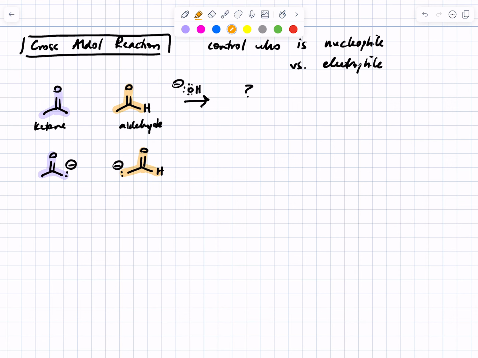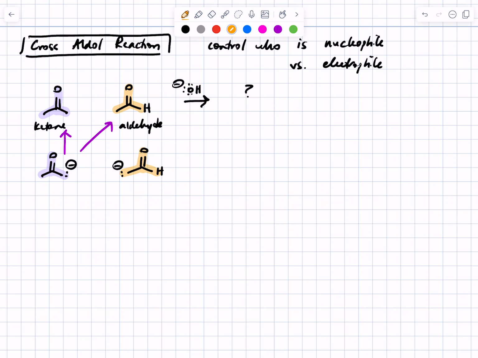So now you can see our problem: at any given time I have the purple ketone and the orange aldehyde as electrophiles, and then I have the purple enolate and the orange enolate as nucleophiles. So I'm concerned about multiple possible reactions.